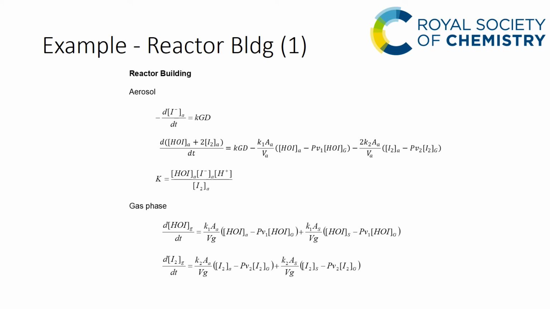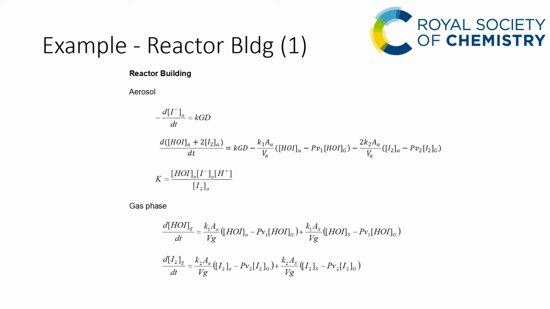And as an example here, these are equations relating the change in iodine species. The first one represents the depletion of I- in the aerosol from radiolytic oxidation. In the second equation, you've got the build-up of HOI and I2 in the aerosol, and that's dependent on the radiolytic oxidation rate, the first term.